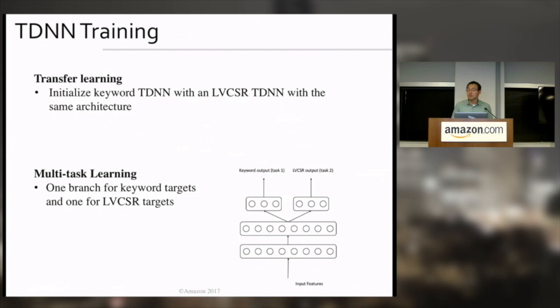Once we train this ASR TDN, we use that one as the initial point to train the eviCore TDN. It has been shown that by doing this transfer learning, we are able to provide a better initial point by using the ASR network, and that helps to get a better local optimum.